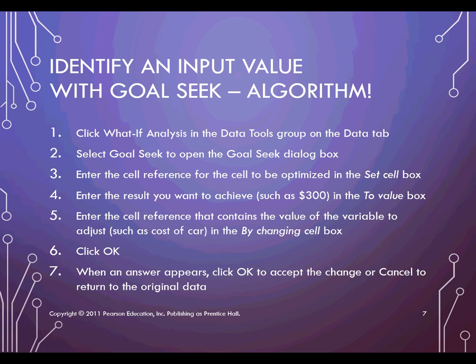What's really cool is that we can follow these steps and have some goal-seek analysis, but we really need to understand what the goal-seek is. So the goal-seek is a tool that helps you identify a value needed to achieve a result.